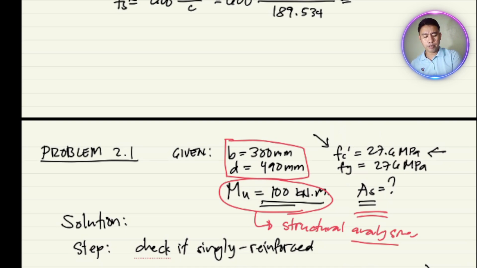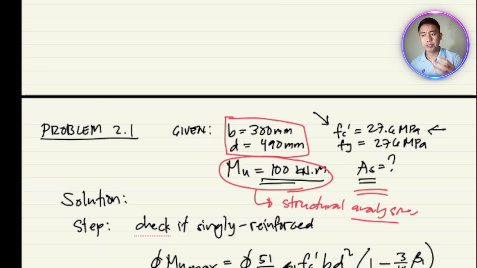Okay? But if you are really meticulous, pwedeng i-design mo yung beam, yung B at saka D. But very long na yung method. Most of the time, we just assume the section and then calculate based on the assumption natin ng section.